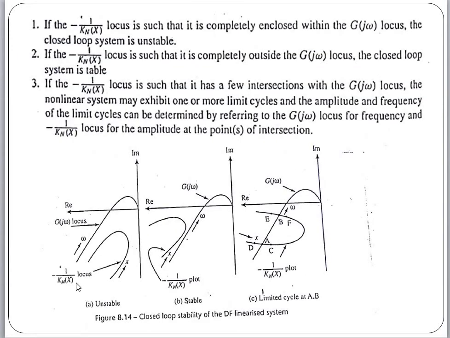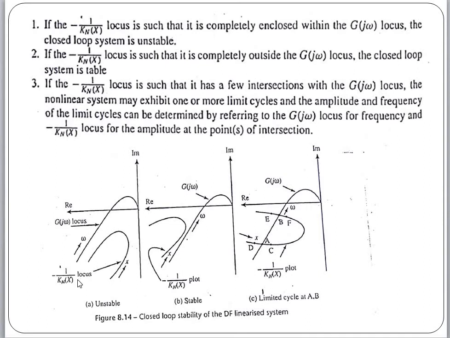With this figure, I can explain this. You can see this G(j omega) locus. Here the omega starts from 0 to infinity and we are drawing the polar plot now.